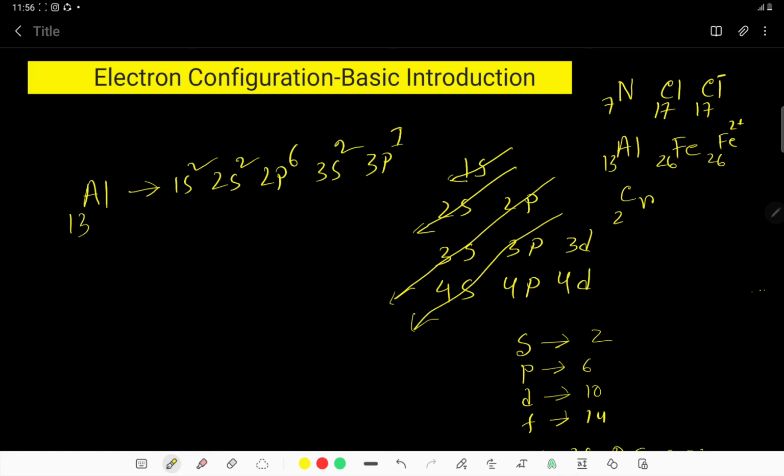So 2, 4, 10, 12, 13. So this is the electron configuration of aluminum.